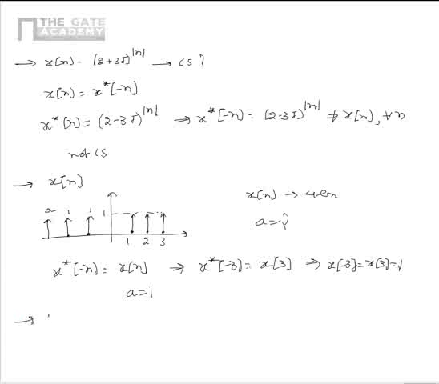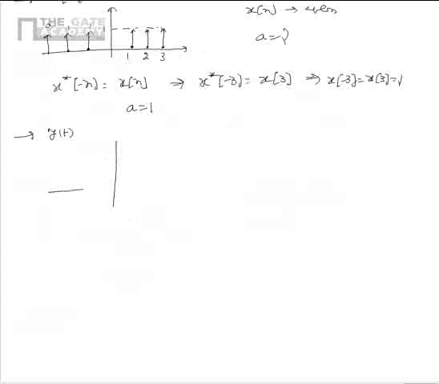Now consider another signal y of t as shown in the figure. Here the signal is present for the interval minus capital T to capital T, and it takes values in the range of a to minus a.